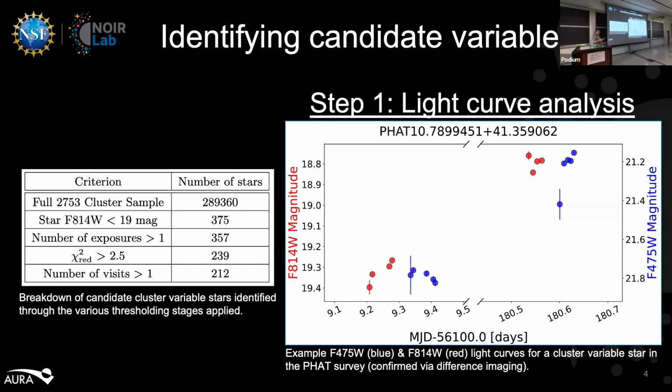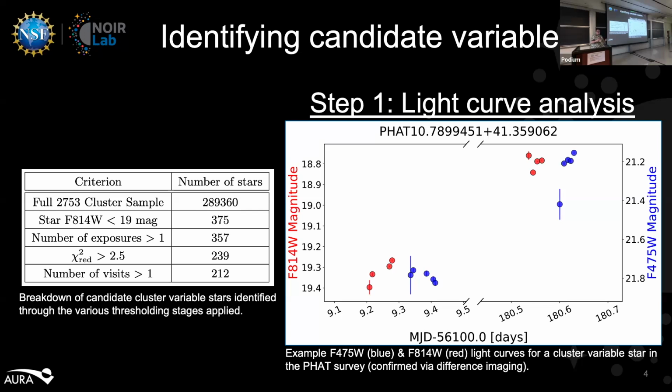Rather than remeasuring all the photometry of all these stars, there's a paper by Williams et al. 2014, which has over 117 million stars from the PHAT survey. That is the photometry catalog that we have used. As I say, we narrowed it down from this 117 million to particularly luminous stars within clusters.